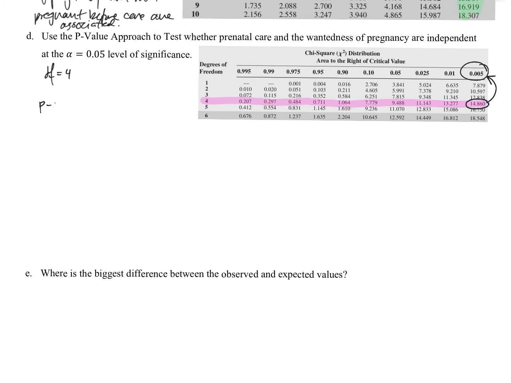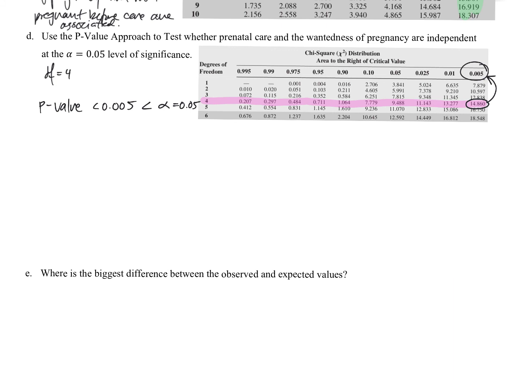So our p-value is not equal to 0.005, because that is not the actual value we have. It's actually going to be less than 0.005. And is this less than our alpha? Well, it is. It's less than our alpha, which is 0.05.